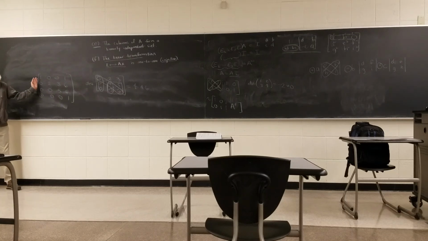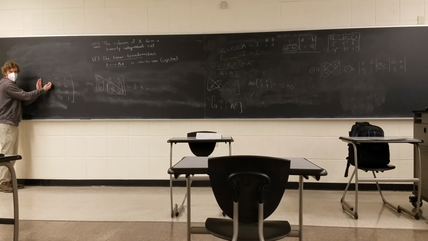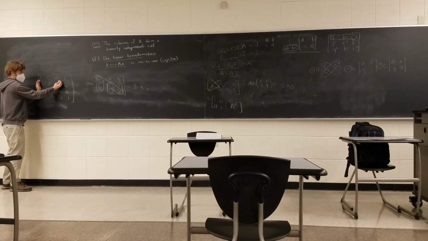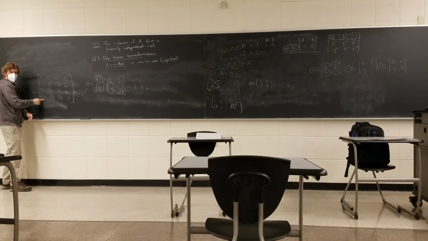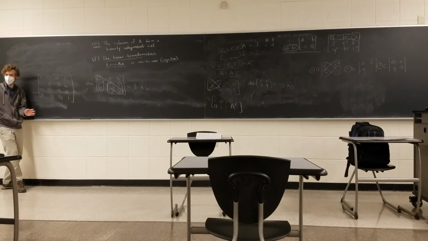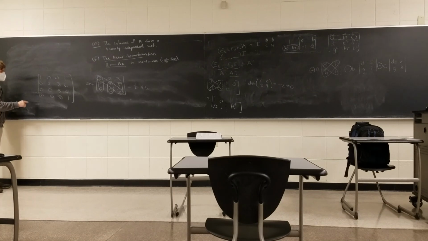How? Well, this column is not a multiple of this column, so I know these are linearly independent. I know there's no linear combination of this one that's making me this one because these are all zeros here, this has to be a 5. And these linear combinations here, well, that'll never give me a 1 here because these are all zeros. Saying this very quickly because I'm already out of time.